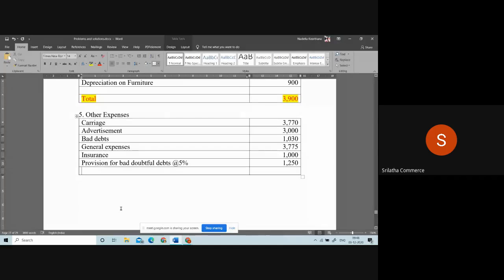Then other expenses total. You'll be getting 13,000-something. How much are you getting? 13,825. How much, ma'am? 13,825.